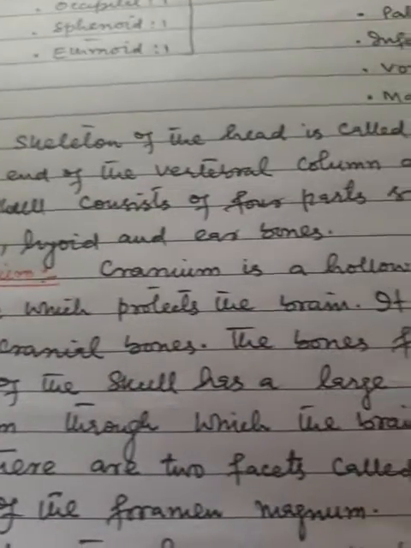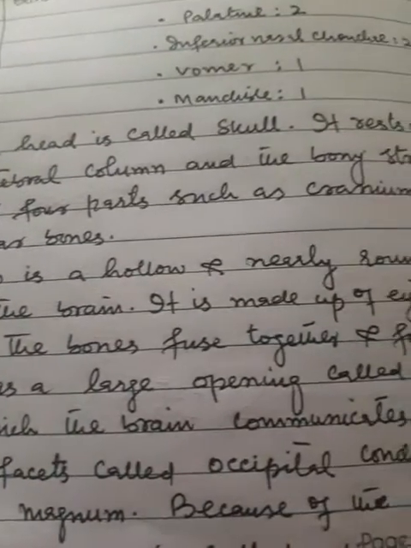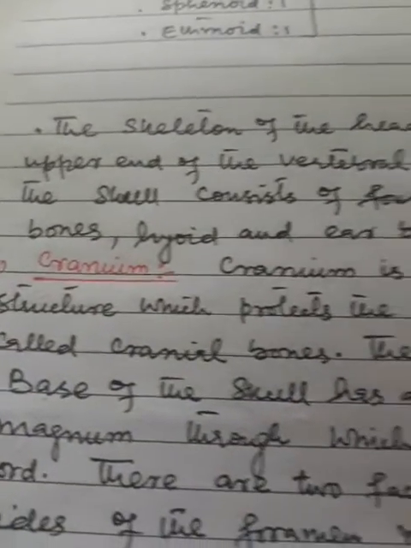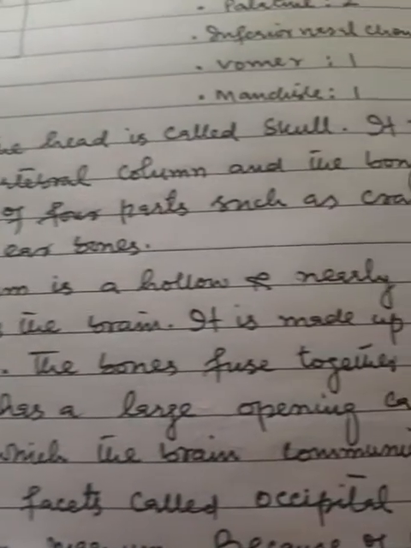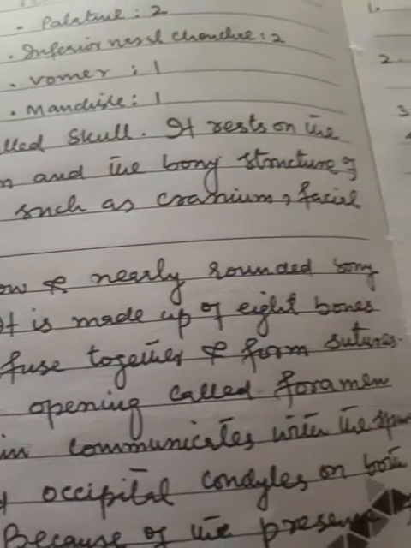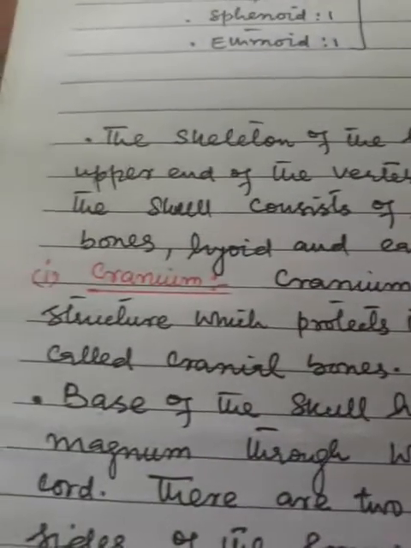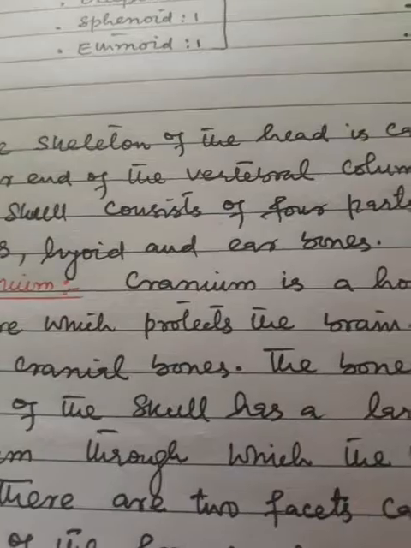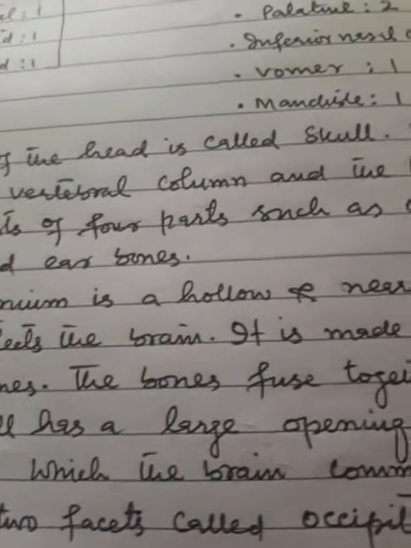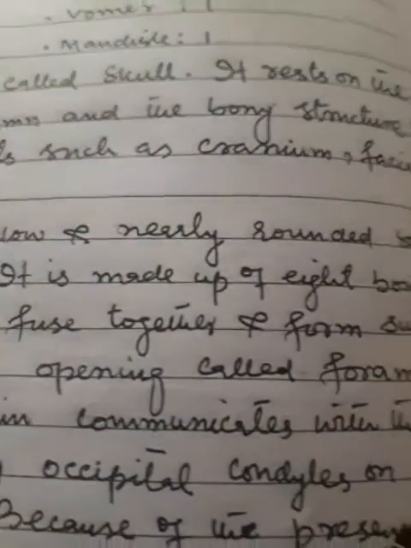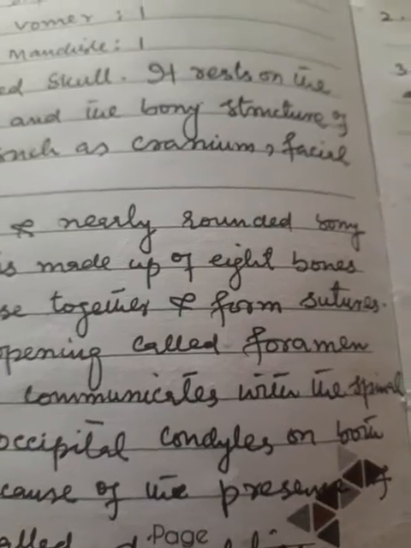First, cranium. The cranium is a hollow and nearly rounded bony structure which protects the brain. It is made up of 8 bones called cranial bones. The bones fuse together and form sutures.